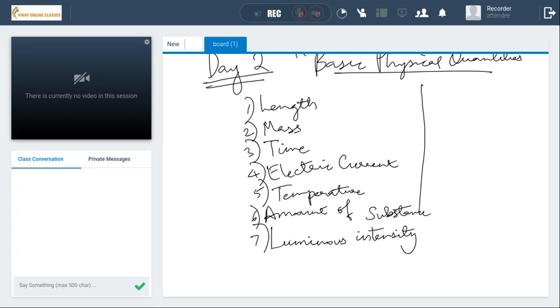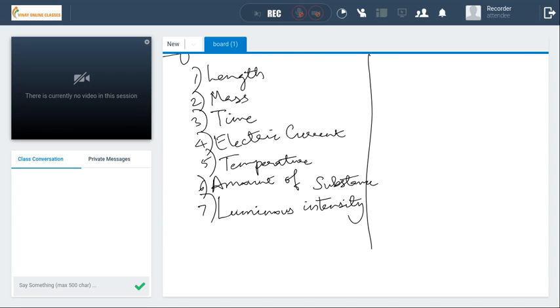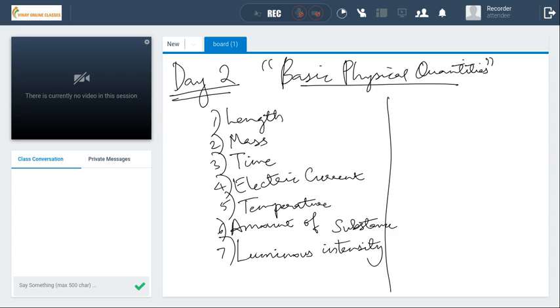Okay, so now what we have to do is, these are the basic physical quantities. Now we have to write their SI units. Okay, so the SI unit of length is meter. The SI unit of mass is kilogram.